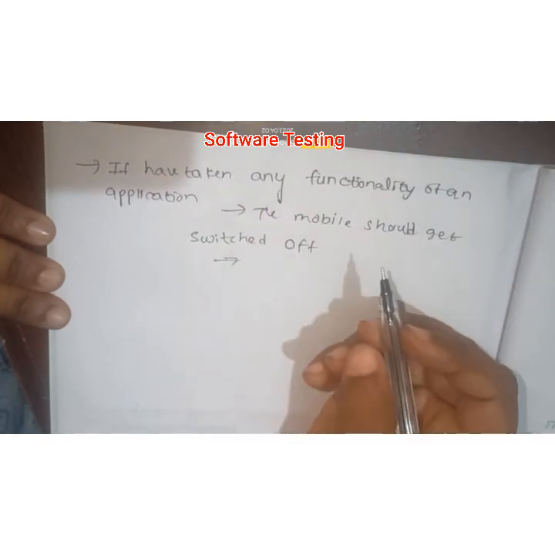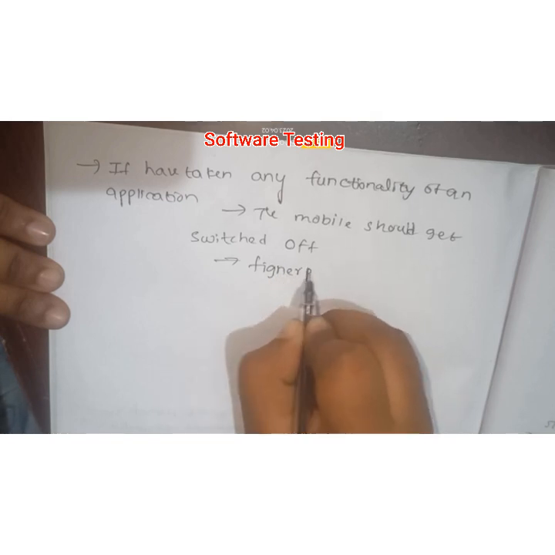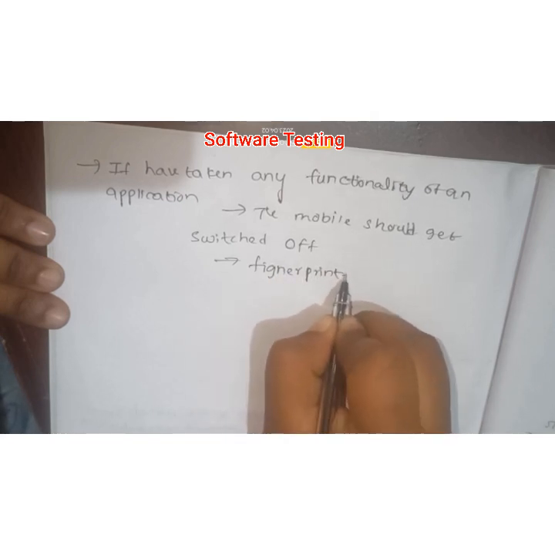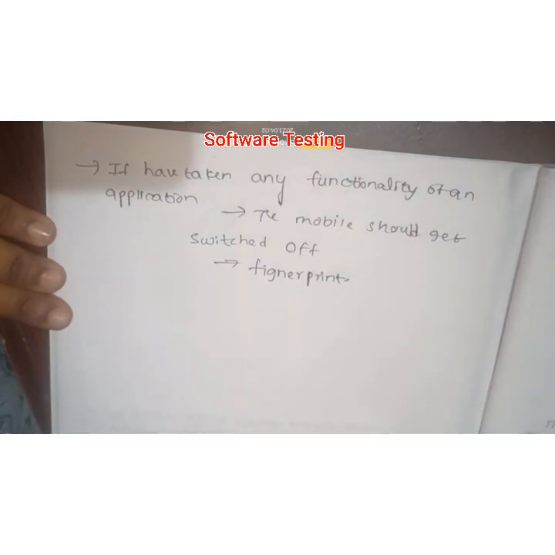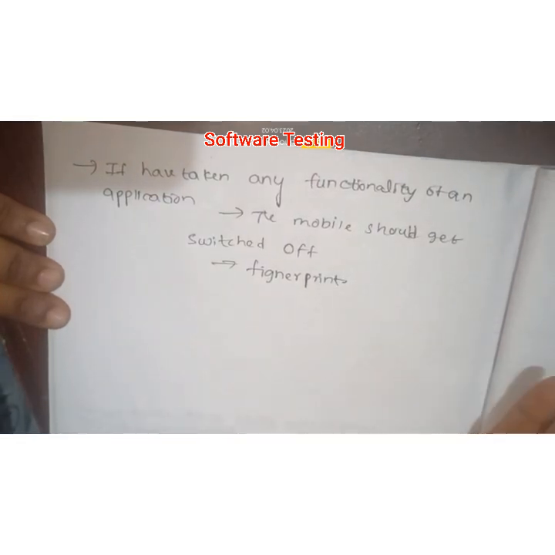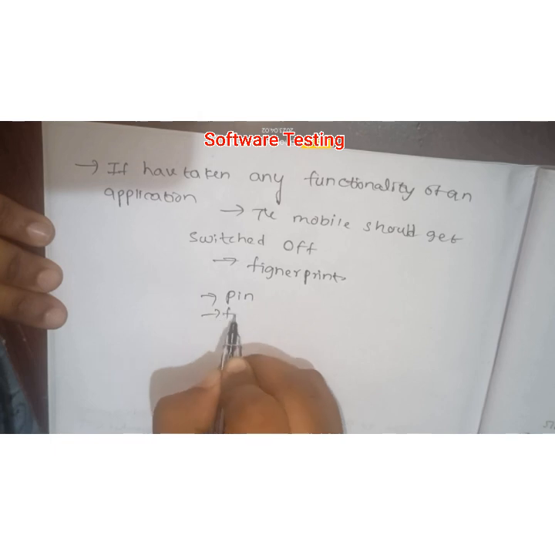For example, if you take fingerprint scanning, in many applications, if you scan the fingerprint, the app will open. For example, WhatsApp, or security apps like Paytm and mobile banking apps. For banking apps, we keep the fingerprint option, or we can enter a pin.